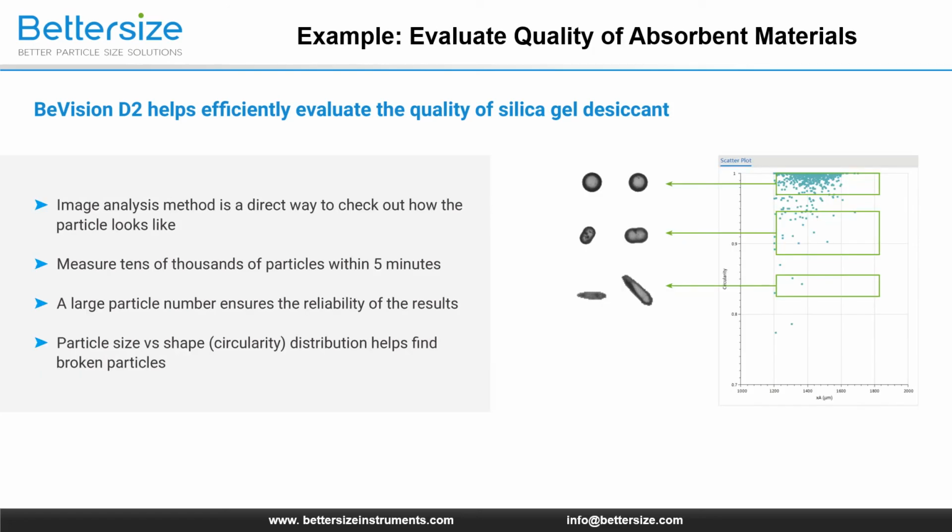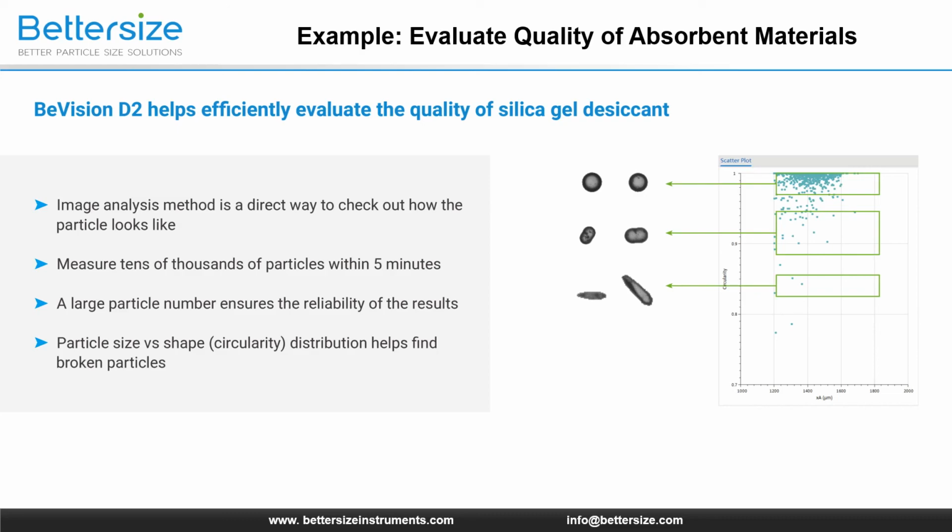Silica gel beads can be used as a desiccant, or drying agent, superabsorbent materials, stationary phase in chromatography, food additive, etc. In general, the silica gel beads should be in narrow monomodal size distribution to ensure even absorption of moisture.